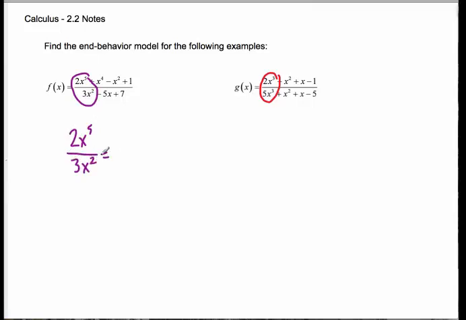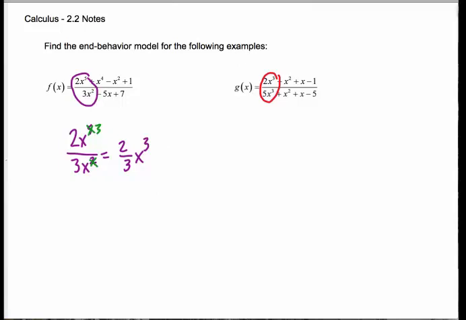Just reduce that down as far as you can. Well, 2/3 will not reduce. It's as reduced as it's going to get. But the x's do reduce. If I've got x squared on the bottom and x to the fifth on the top, I can reduce those down to a cube. So my end behavior model on the left is going to be 2/3 x cubed.